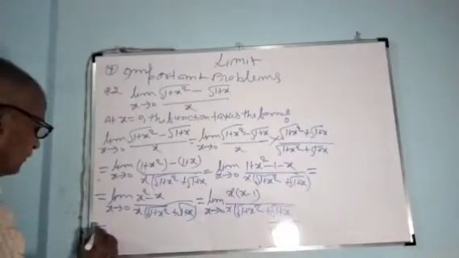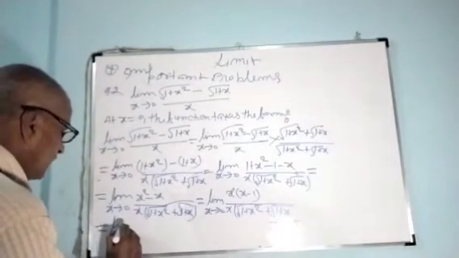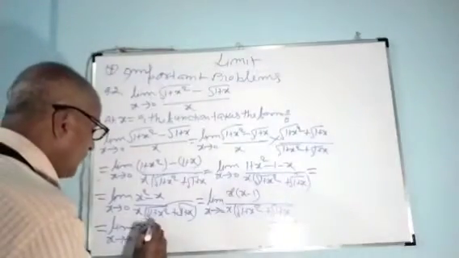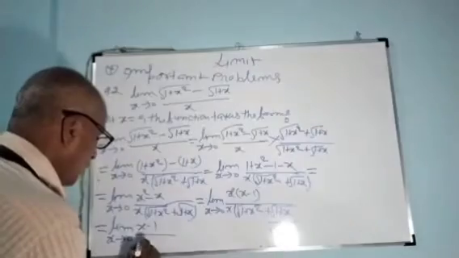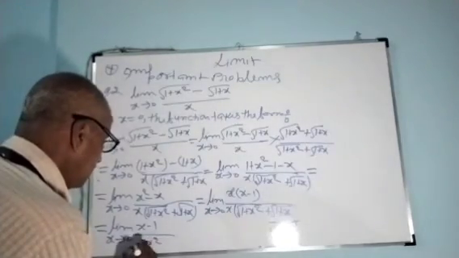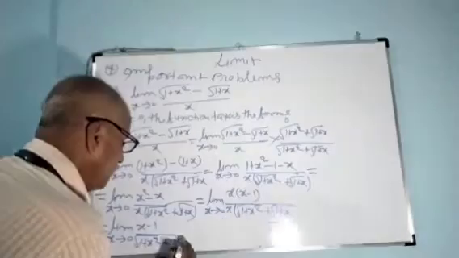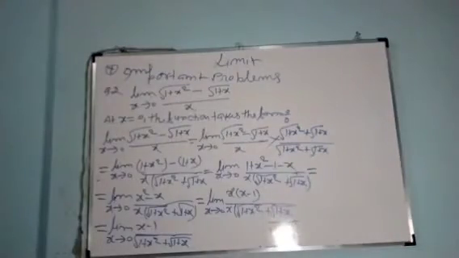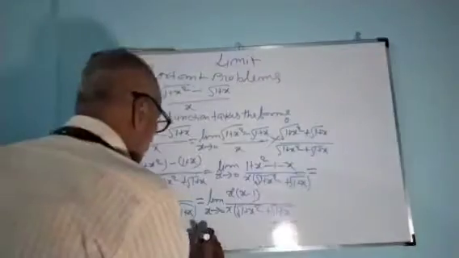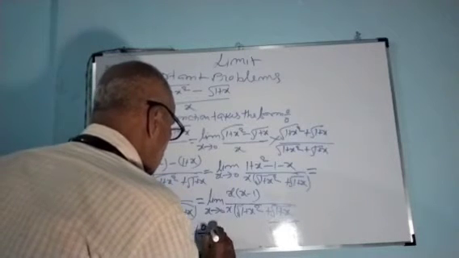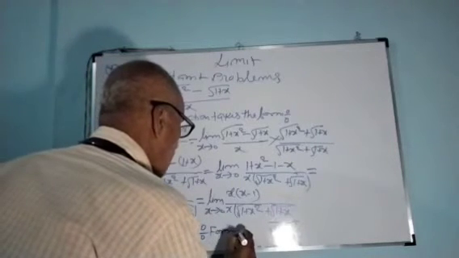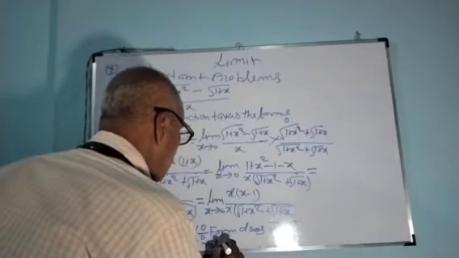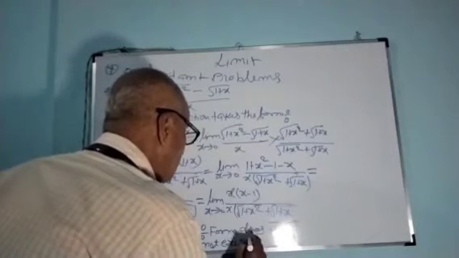This is equal to the limit as x tends to 0 of (x minus 1) by (square root of 1 plus x square plus 1 plus x). Here we see that the 0 by 0 form does not exist.